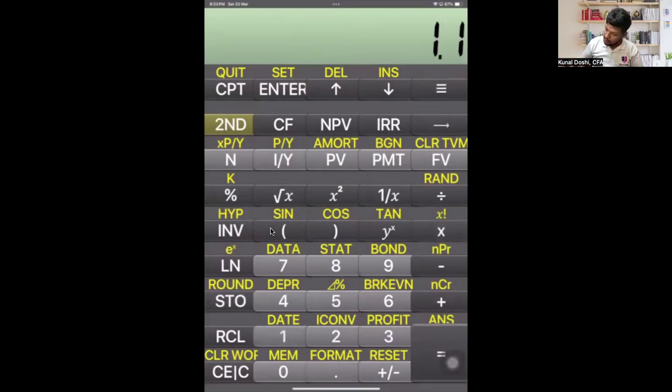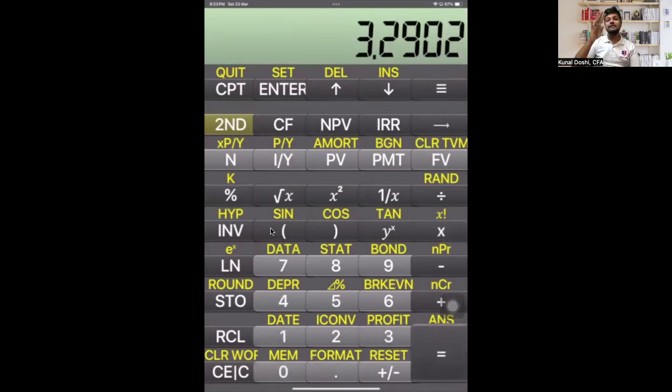On this into 1.1 equal to, store 2, into 1.1 again equal to, store 3. Now after the third year, the growth is 3%. So into 1.03, this is my D4, divided by 8 minus 3%, that is 5%. So divided by 5%, I get 65.8, store 4.